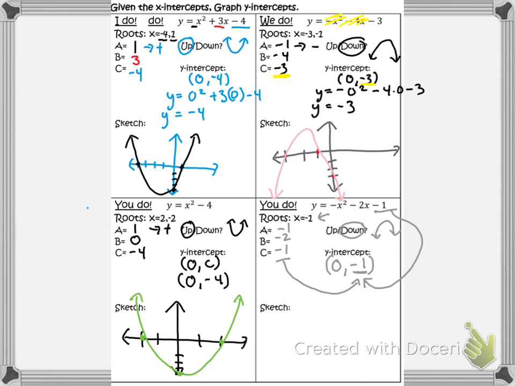So let's go ahead and make a quick sketch. I think this one's a little bit different. We have it at negative 1. So here's negative 1, and my y-intercept at 0, comma, negative 1. Does your graph look like this? So here's my one root. Here's my y-intercept. And since it's only one root, I'm just going to touch it and then go back away.